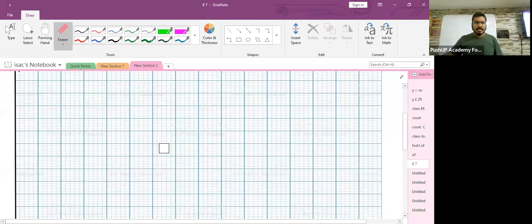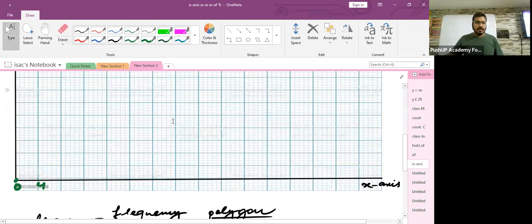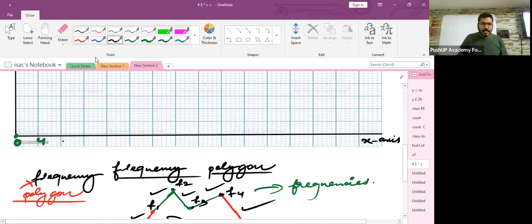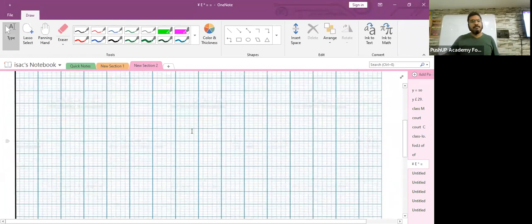What is the second class interval? It is 4 to 8, isn't it? So here you will mention 8. The next one is 8 to 12. So 12 here. Next one is 12 to 16. 16 here. Then 16 to 20 here. Then 20 to 24 over here. Is that the end to it?